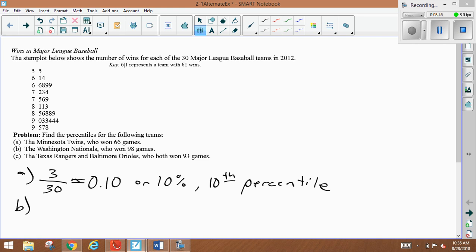The Washington Nationals won 98 games. I'm going to assume that they're the best. Well, okay, how many are below them? Everyone else.